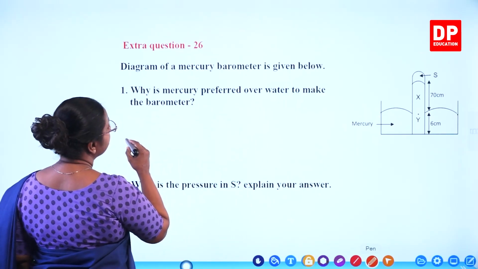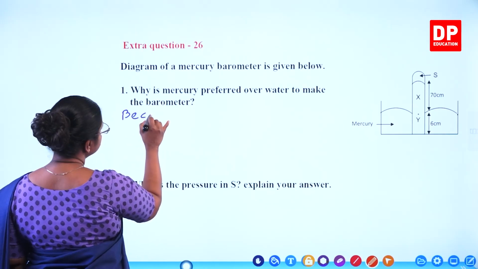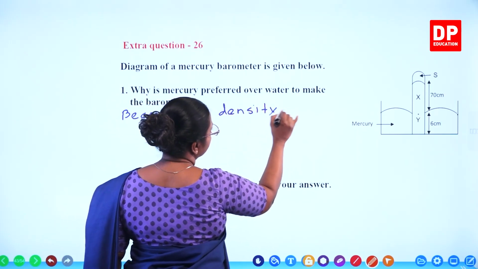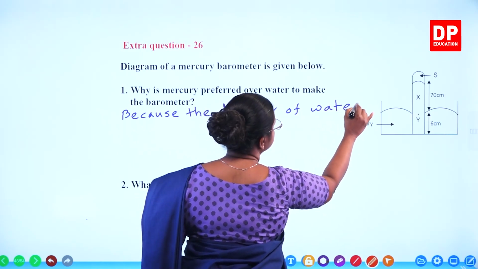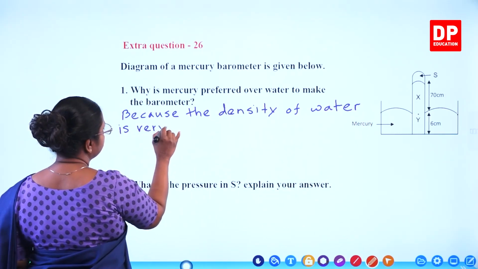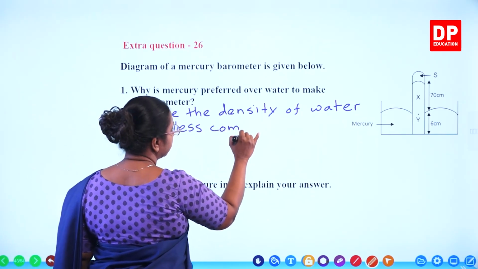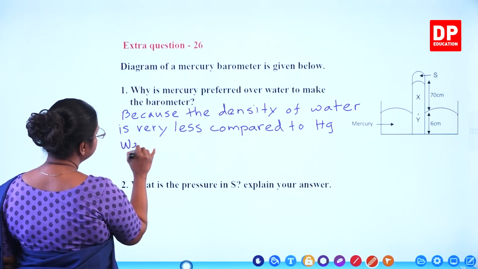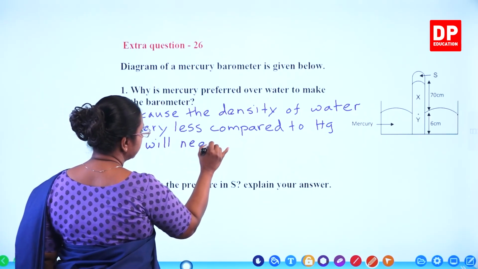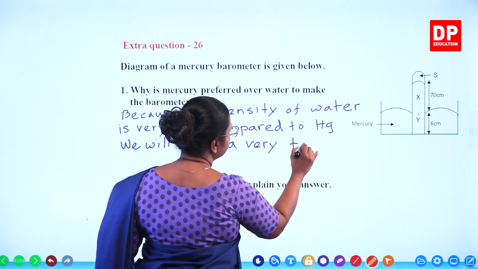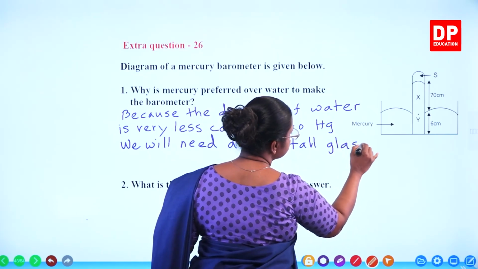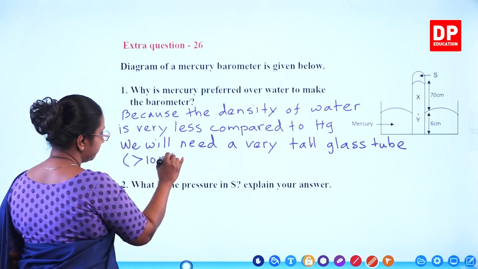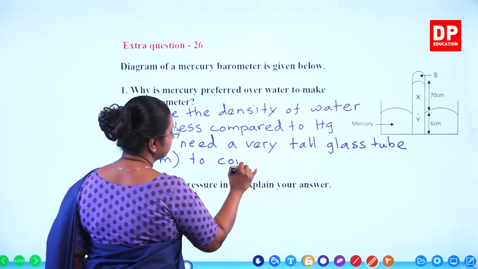So, here we can say because the density of water is very less compared to mercury, we will need a very tall glass tube, in brackets, greater than 10 meters, to construct the barometer.